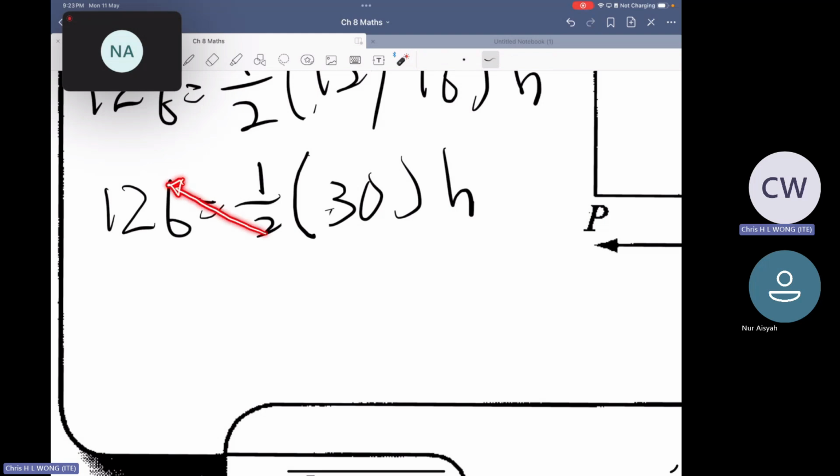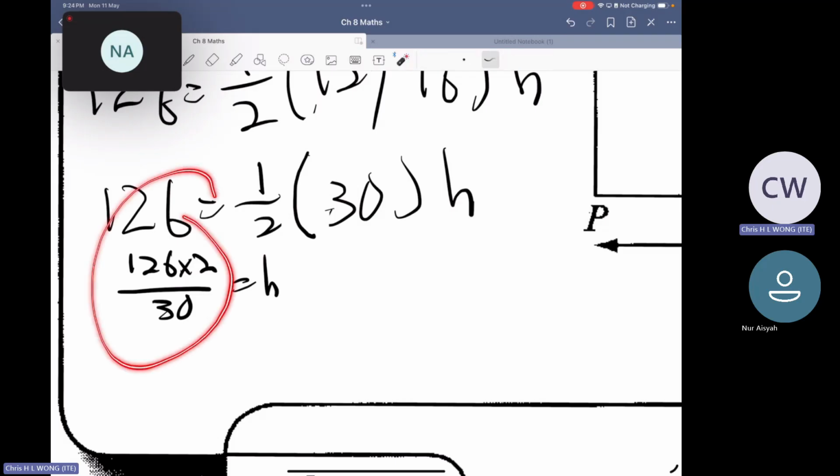Then use a calculator to press. 2 bring up, 30 bring down, right? Cross multiply here. You have 126 times 2 divided by 30 equals h. Can you press the calculator, someone? When the figure is so big, don't try to cancel, very dangerous.